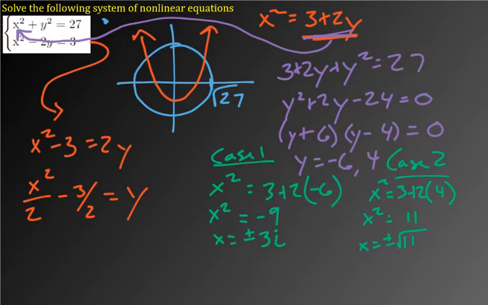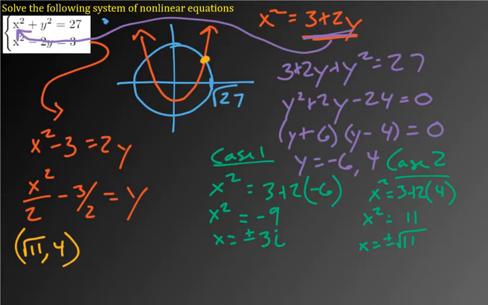So if we sum all this up and organize this a little bit, we know that there are 2 real intersection points, and then there are 2 other imaginary intersection points. So we have one of the solutions being square root of 11 comma 4. That one's right here roughly.